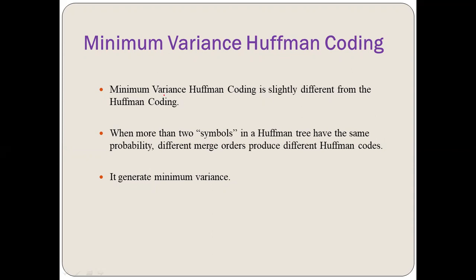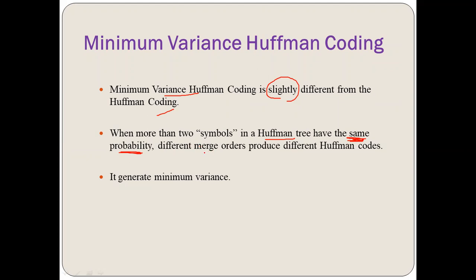Now, we'll say that minimum variance Huffman coding is slightly different from Huffman coding, right? The main thing is, whenever we have two symbols in a Huffman tree that have the same probability, we are going to merge them in Huffman code.